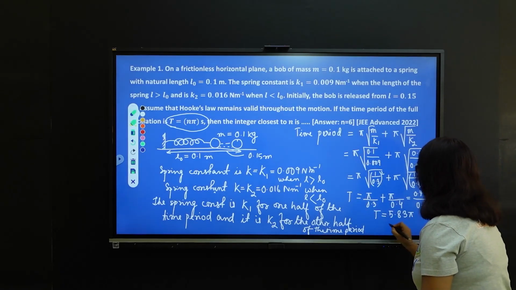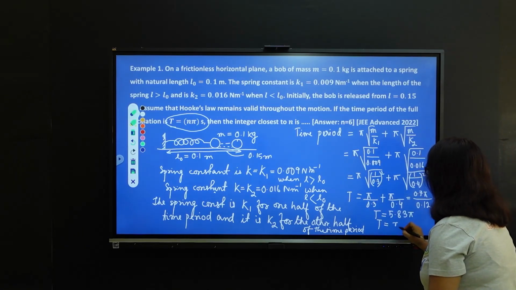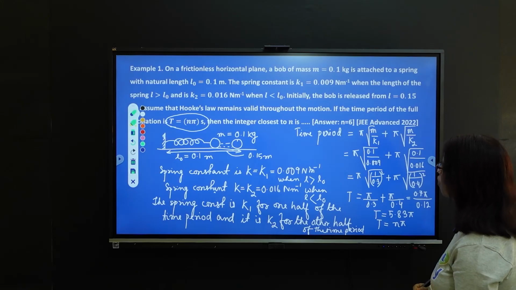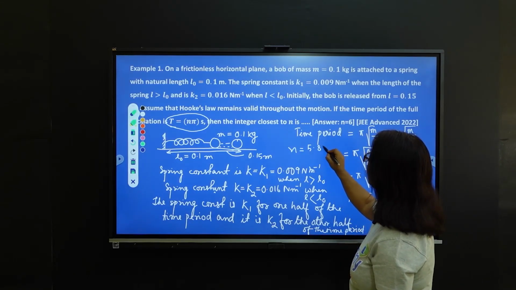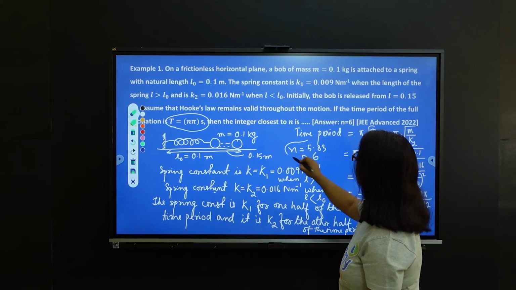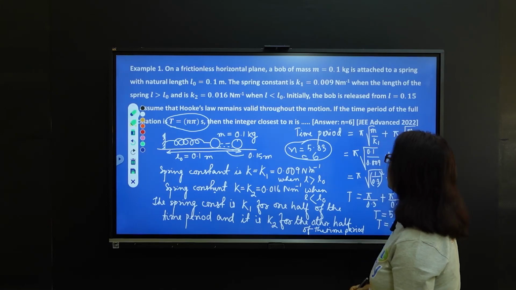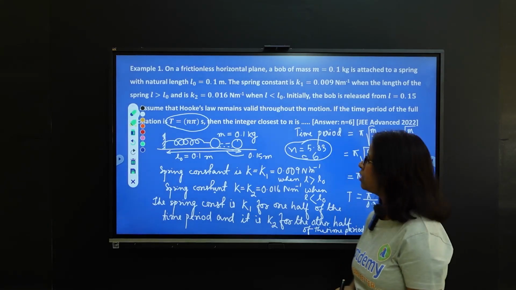So the time period can be compared with the original relation as n pi, and from here we may write that n is equal to 5.83, which is almost equal to 6. So this is the answer here. We have n equal to 6, the nearest possible integer.